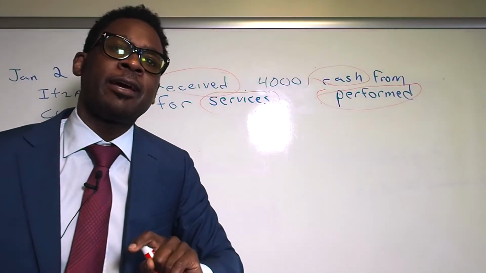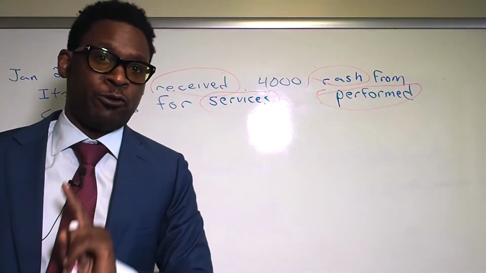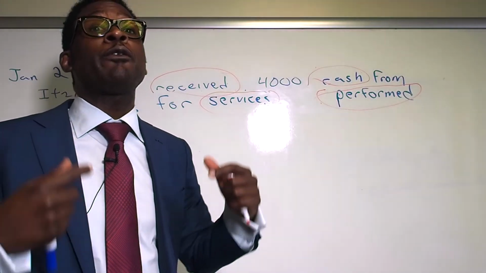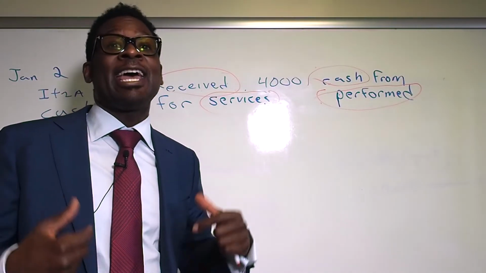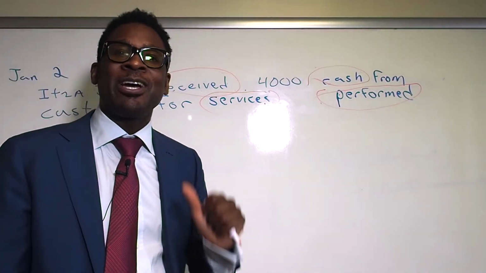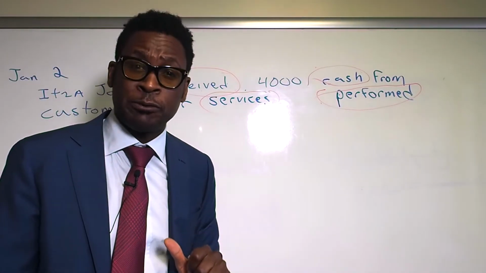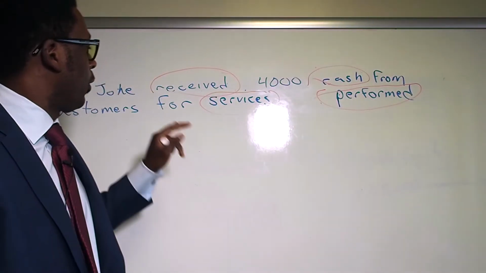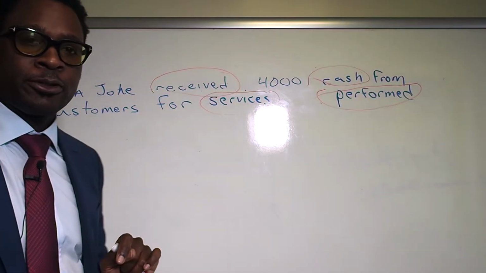So now that we have the accounts both cash and revenues affected, our next step will be to know what family they belong in and how are they affected. So cash, as we already know, is an asset, and since we received it, our assets has increased. What about revenues?